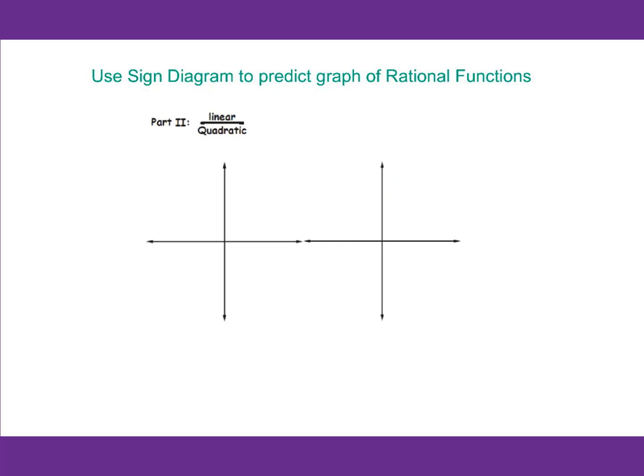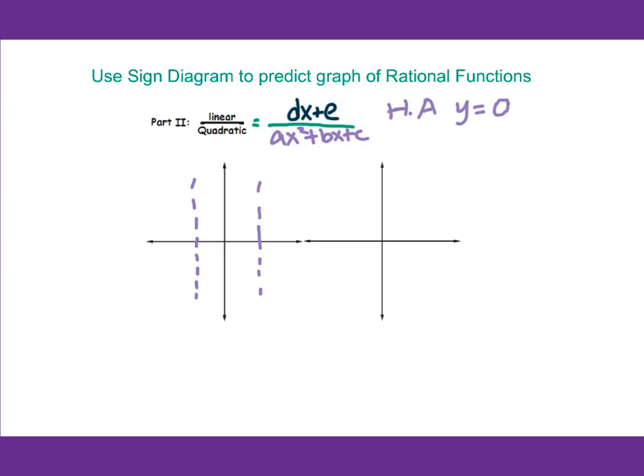For a linear over quadratic pattern, we can write down ax squared plus bx plus c for the denominator, and the linear part, we can write down dx plus e. Normally, we have two vertical asymptote lines, and the horizontal asymptote line will be y equals 0, so we draw it over here.